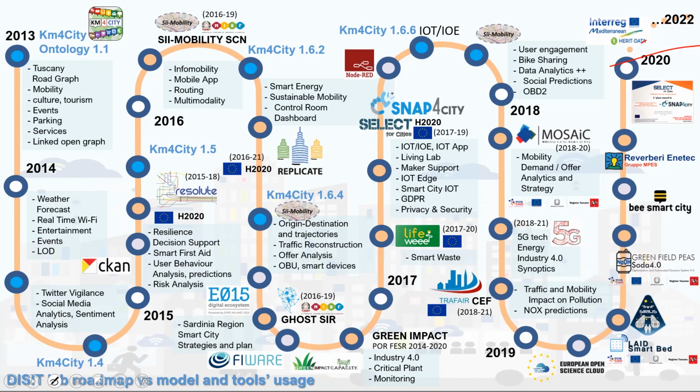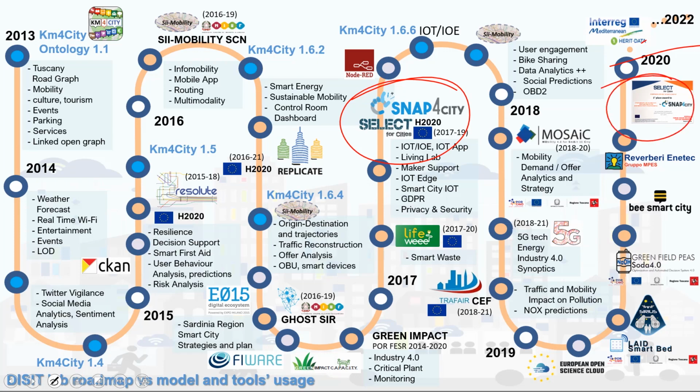And so we started the activity with Snap4City in 2017, a new version of the ontology addressing IoT, IoT Hub, and all the new push regarding mobility with Mosaic, with 5G, with Drive-Fair, with the environment, with the Open Science Cloud, with SmartBed, with BSmart, with the 5G project, with the Reverberi for Lonato. And then we took the award from Helsinki, Copenhagen, and Antwerp.